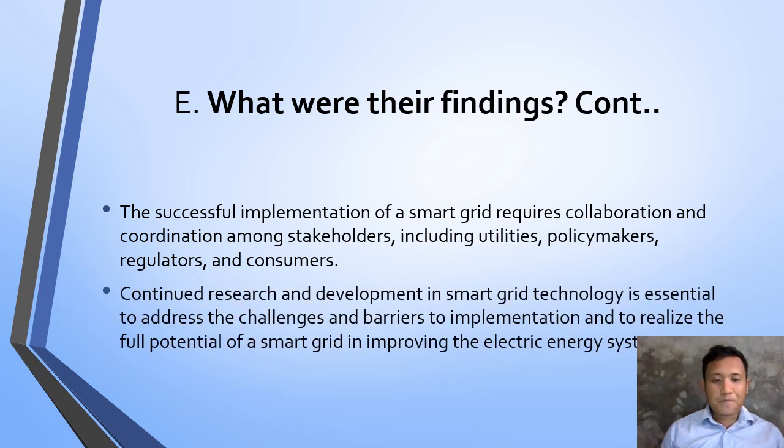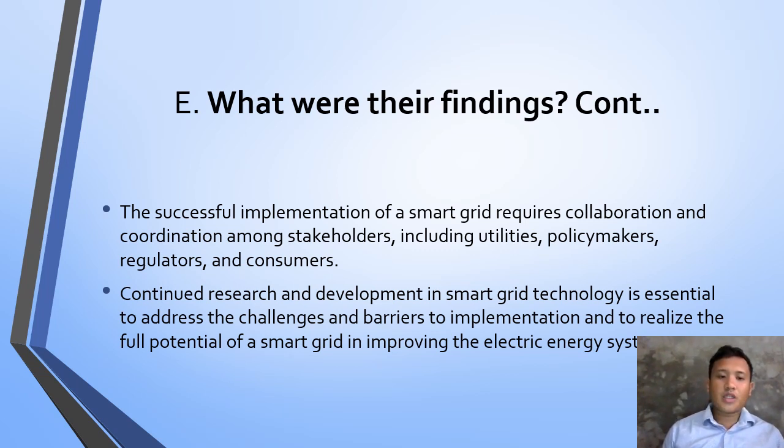And lastly, continued research and development in smart grid technology is essential to address the challenges and barriers to implementation and to realize the full potential of a smart grid in improving the electric energy system.